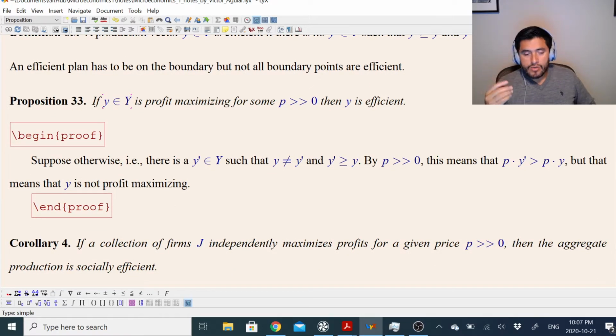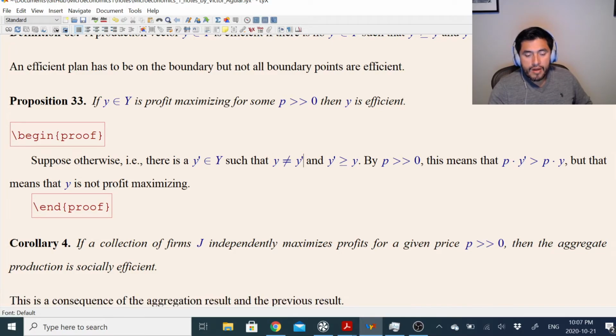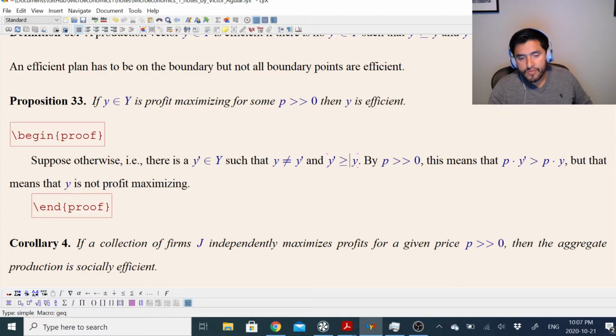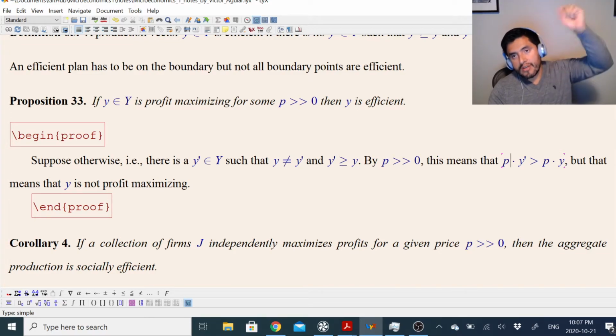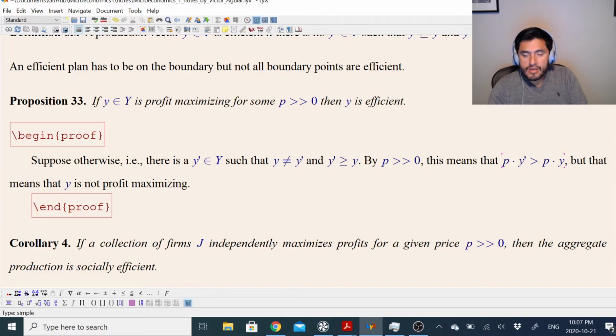Suppose otherwise, towards contradiction, there is a y prime such that y is different from y prime and y prime is greater than or equal to y, contradicting the definition of efficiency. By positive prices, if I multiply this price times y prime, because there is one entry which is strictly greater than the other and prices are strictly positive, this inequality holds strictly, such that P inner product with y is strictly smaller than P times y prime.